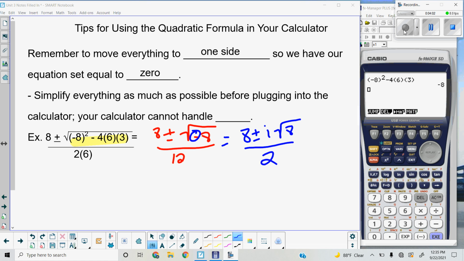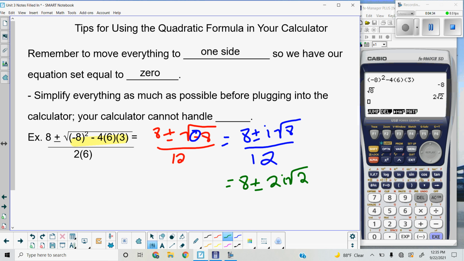Now we can plug the square root of 8 into our calculator. And you get 2 square root of 2. So we can rewrite this as 8 plus or minus 2i square root of 2 over 2. And sorry, in the above example, I forgot that one.